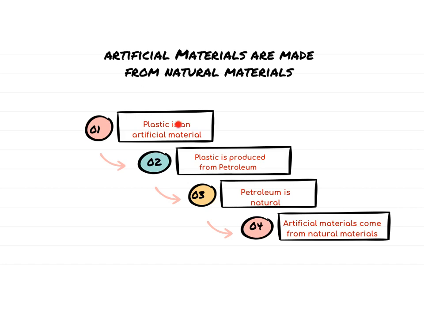Plastic is an artificial material. Plastic is produced from petroleum, and petroleum is a natural material. So, plastic, an artificial material, is originally produced from petroleum, which is a natural material. So, artificial materials come from natural materials.